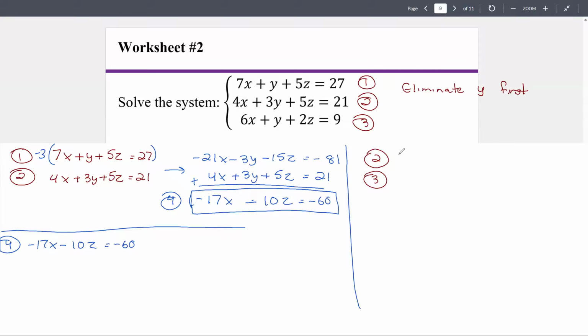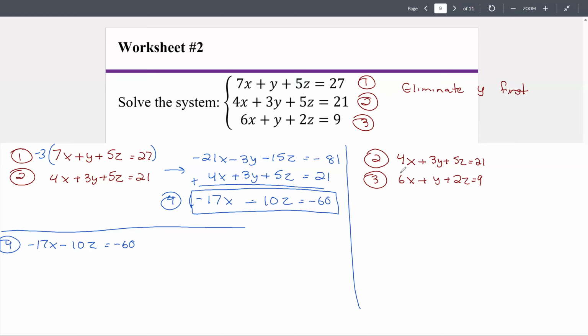So use 2 and 3, so that is going to be 4x plus 3y plus 5z equals 21. And then we have 6x plus y plus 2z equals 9. What we want to do is eliminate the y's again.